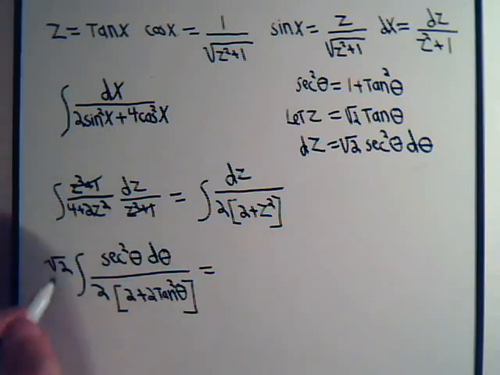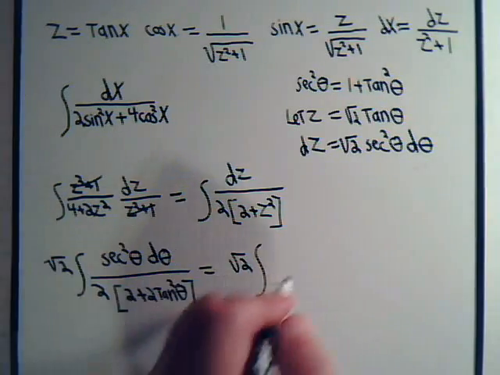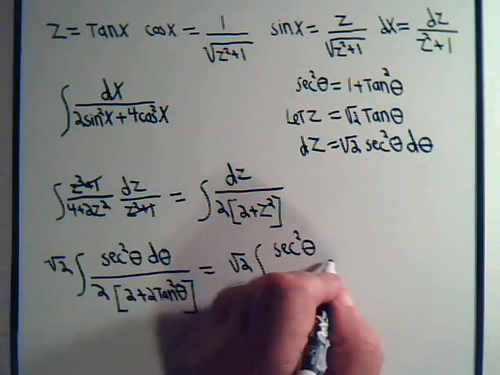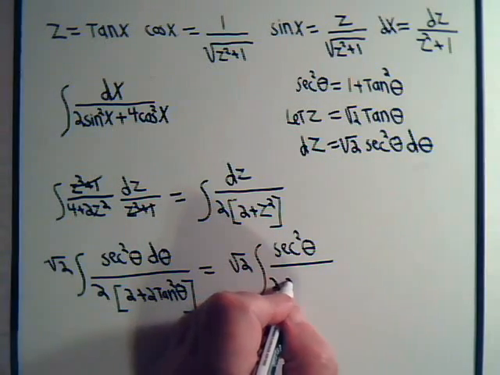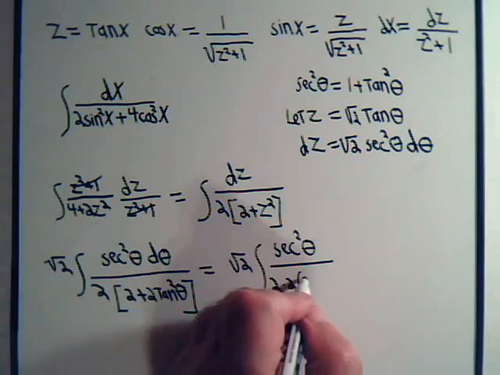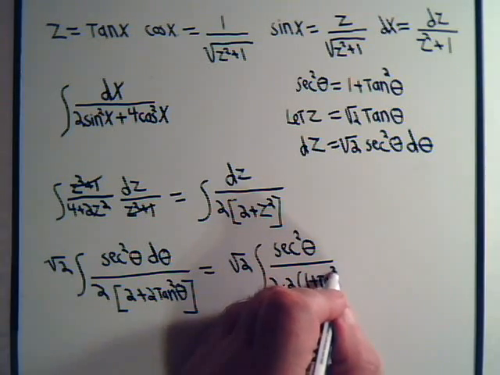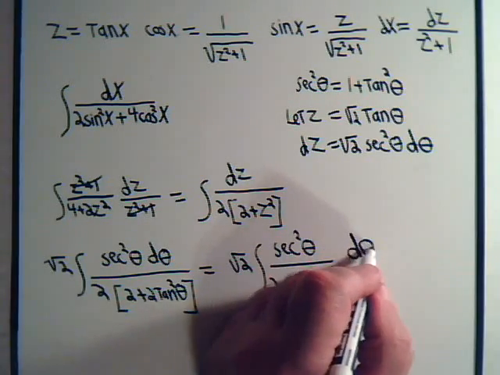So here we have square root of 2, integral of secant squared theta divided by 2, factor out this 2, times 1 plus tangent squared of theta, and we have d theta from up here.